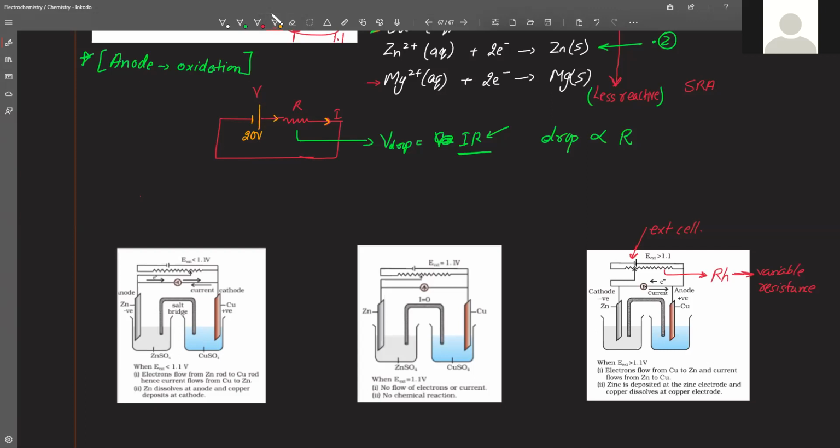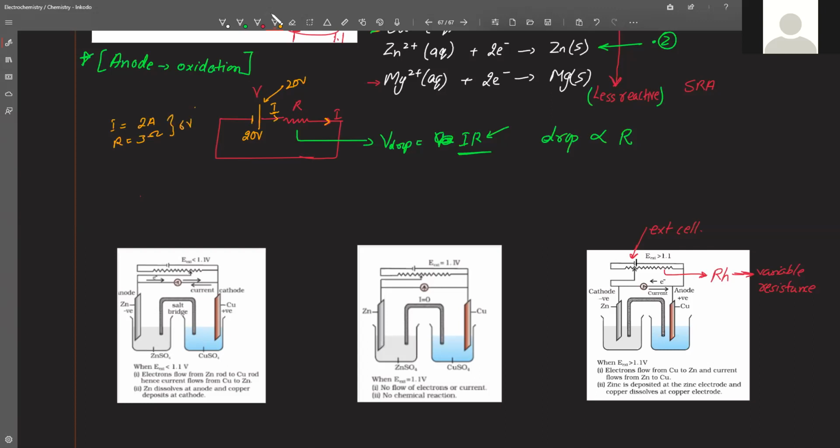Suppose this is the cell, so this will be the direction of current. The potential here will be 20 volts, and suppose the current is 2 amperes and the resistance is 3 ohms, then a total of 6 volt drop will be there.